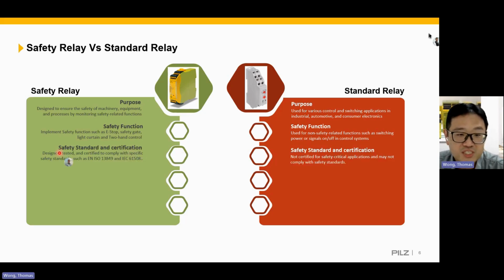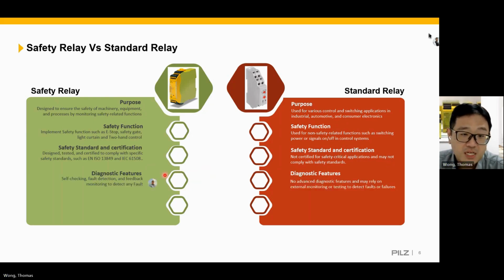And of course, certifications and standards: safety relays do comply, and standard relays are non-compliant with any of the safety requirements. Then diagnostic features. Just take note, safety relays have self-checking, fault detection, and feedback monitoring to detect any faults, whereas standard relays have no advanced diagnostic features, and they usually require external monitoring or testing to detect any faults or failures.